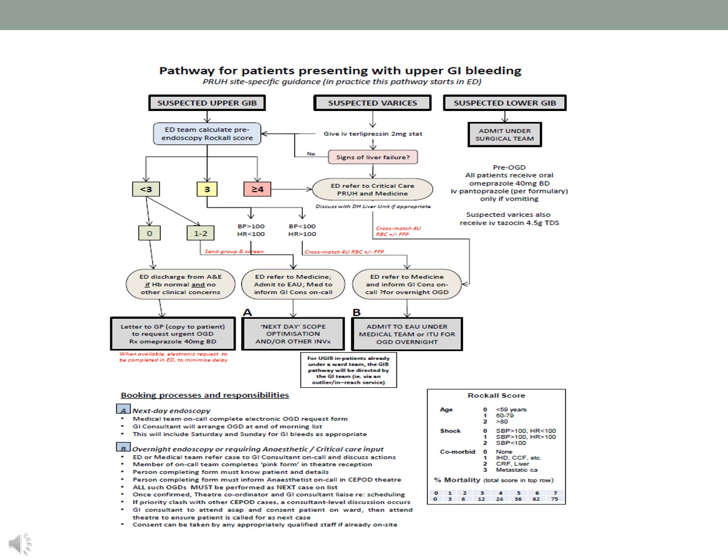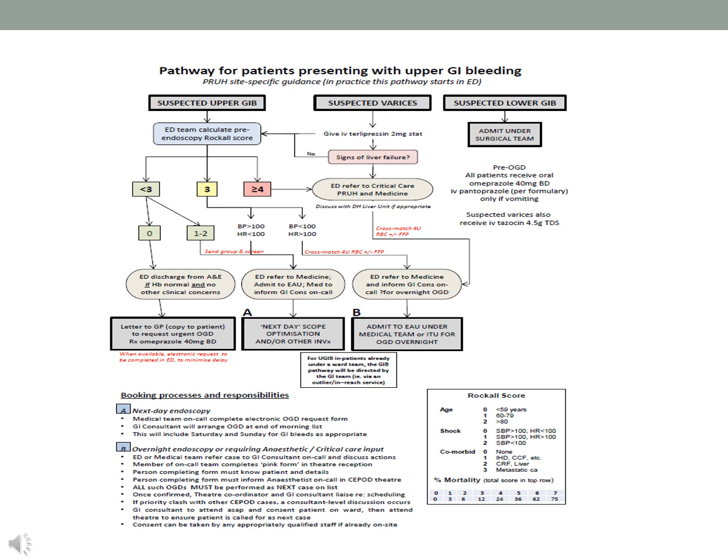If the Rockall score is 0, the patient can be discharged home if the haemoglobin is normal and there is no other clinical concerns. These patients will need to be discharged with a letter to the GP asking the GP to request an urgent endoscopy and given treatment with omeprazole BD.